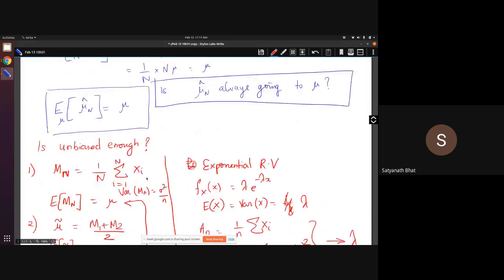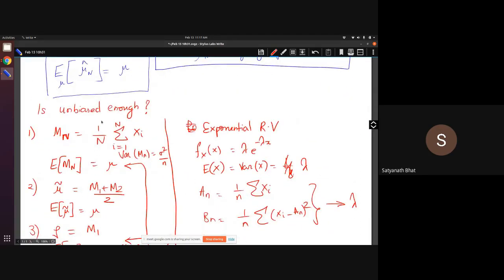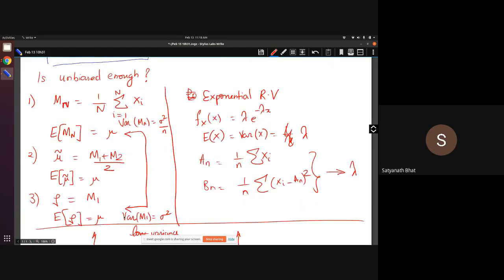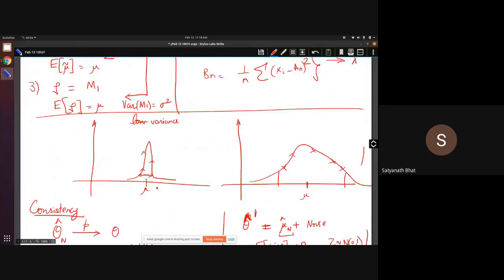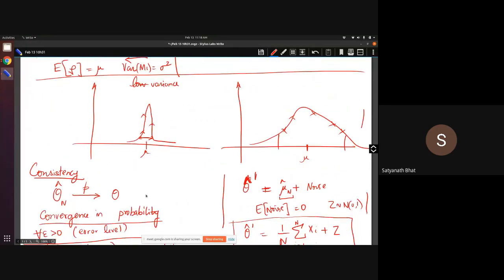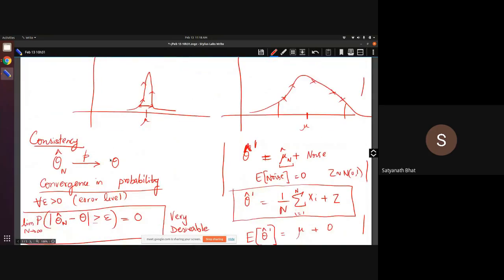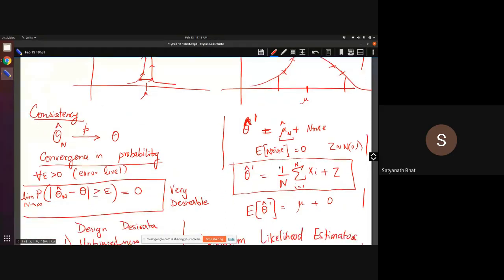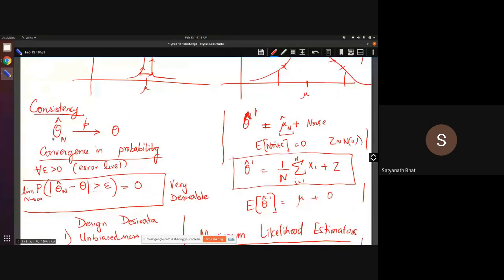Then we realized that just having unbiasedness is not enough, because there could be different estimators like this which have different variances. So we would like to have a minimum variance unbiased estimator, because that will minimize your chance of having error. Further, along with minimum variance, we also need consistency, because even though it is unbiased, you can have examples where, even as n tends to infinity, it does not go to the true value.